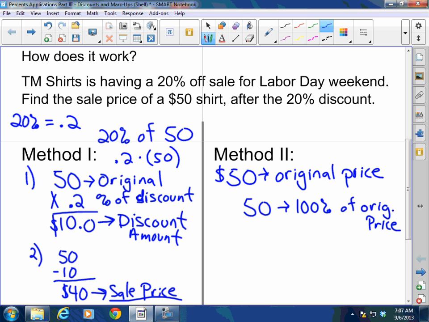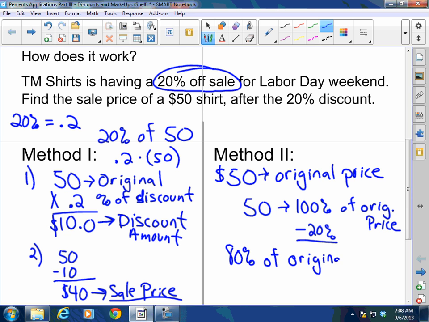You were taking a 20% discount. You have 20% off. So let's think about that. If you are paying 100% of the price, which is $50, but you're taking off 20%, so 100% minus 20% is really 80%. So you are actually paying 80% of the original price.